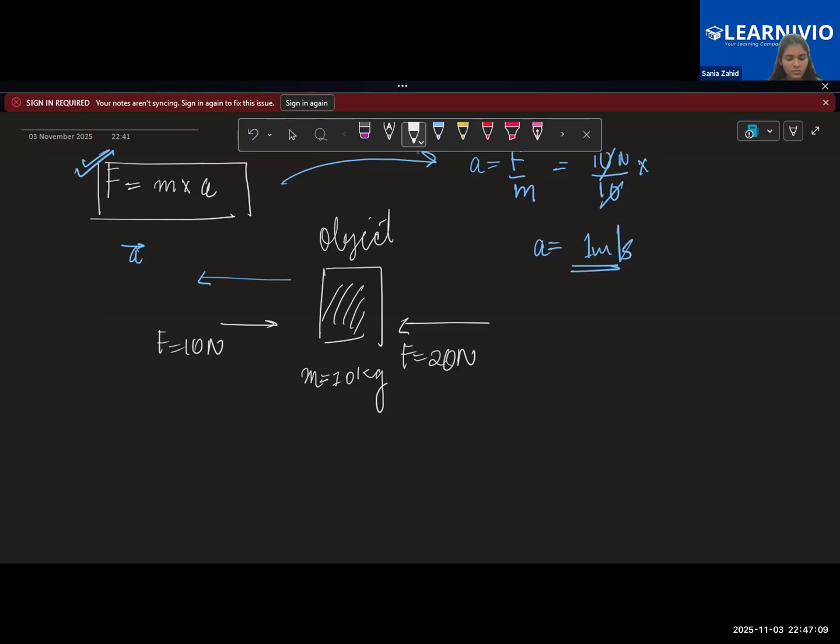Ma'am, I have a question. Yes. Will mass equal force over volume, force over area, or acceleration? Mass will equal force over acceleration. Oh, okay.